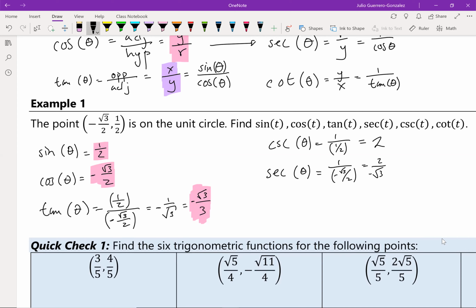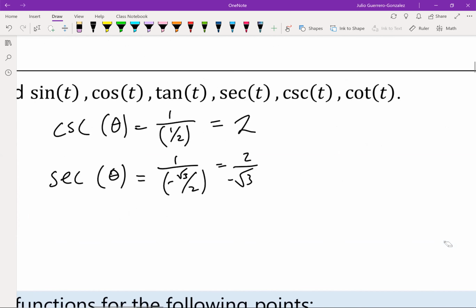We don't like square roots on the bottom, so we're going to multiply the top and the bottom by root 3. The bottom, square root of 3 times square root of 3 is 3. So now we have negative 2 root 3 divided by 3.